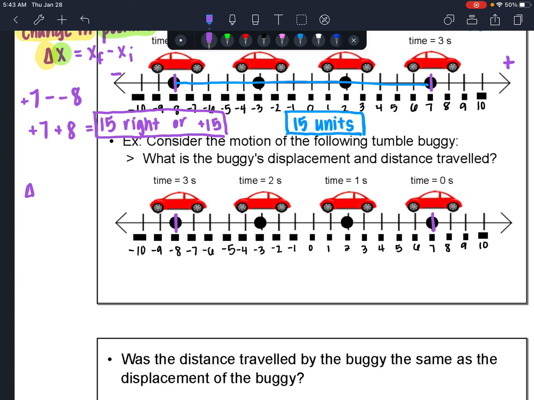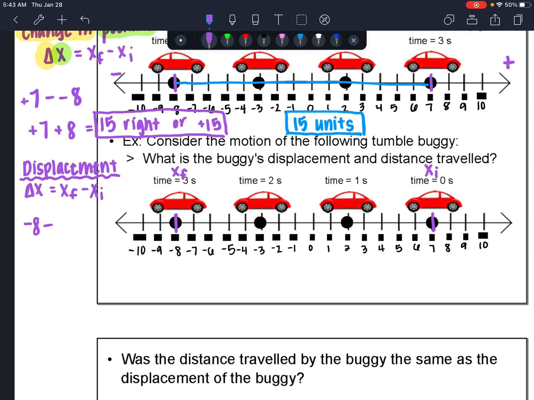So when I find my change in position, which is my displacement, as a reminder, displacement is just your change in position. I'm going to take my final position and subtract my initial position. Now in this case, my final position is -8. And my initial position is +7.